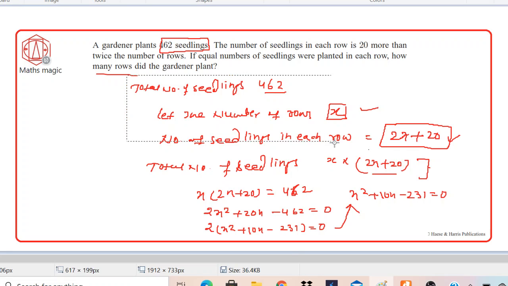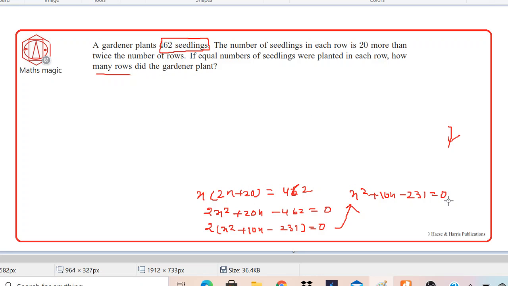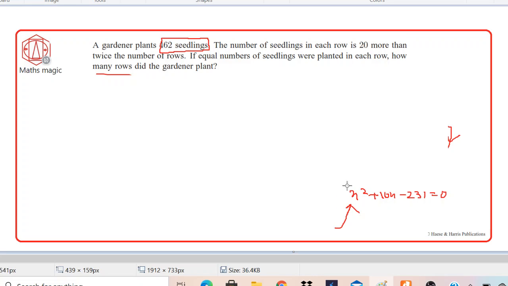So let me clear all these previous workings so that we can solve the equation over here. We have the equation x squared plus 10x minus 231 is equal to 0. I'll try the factorization method.